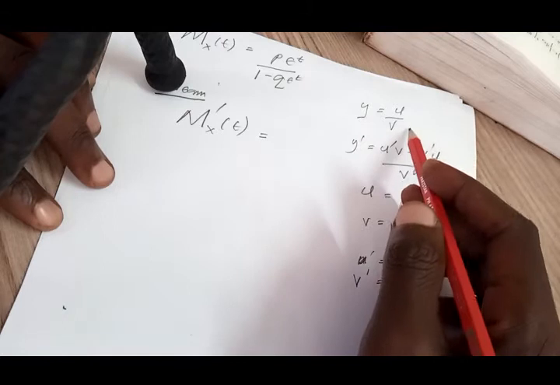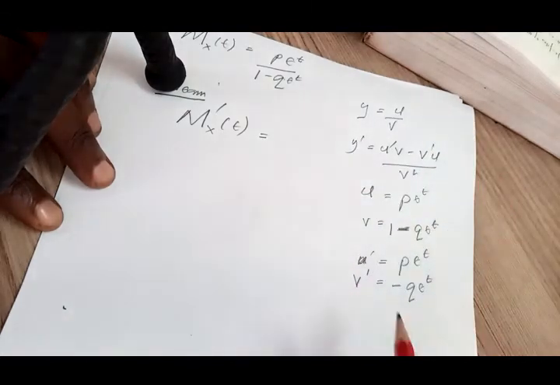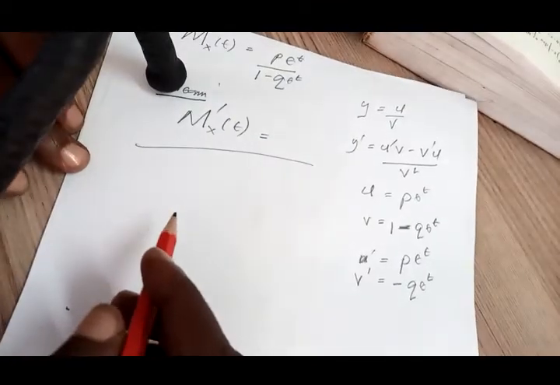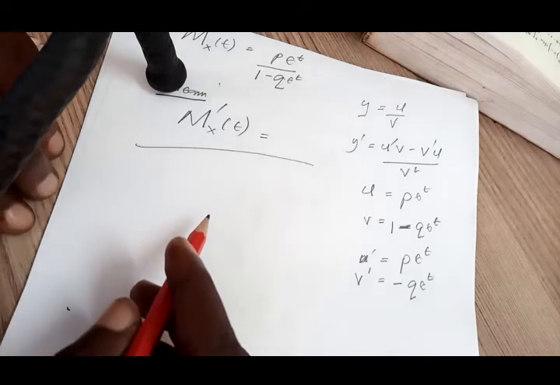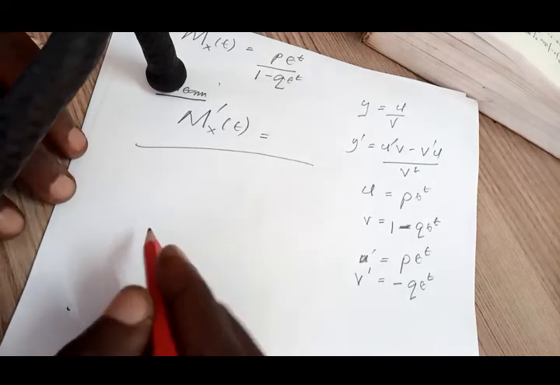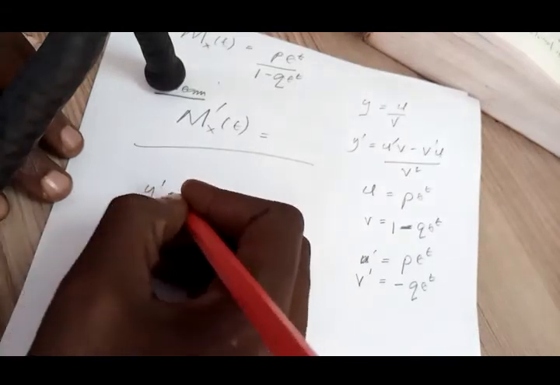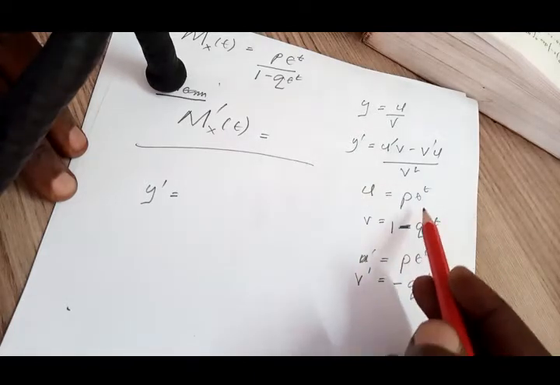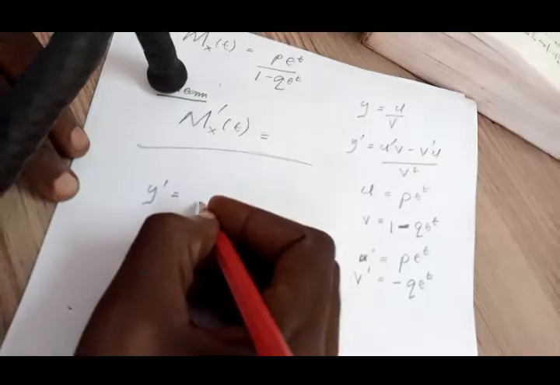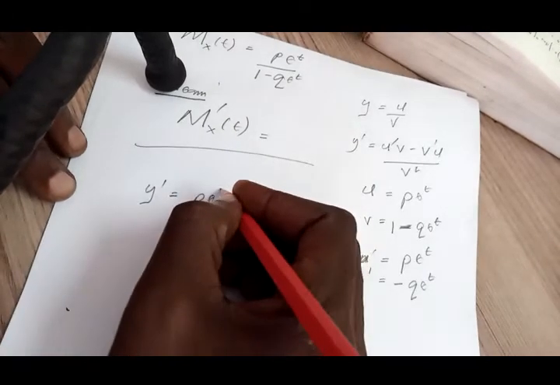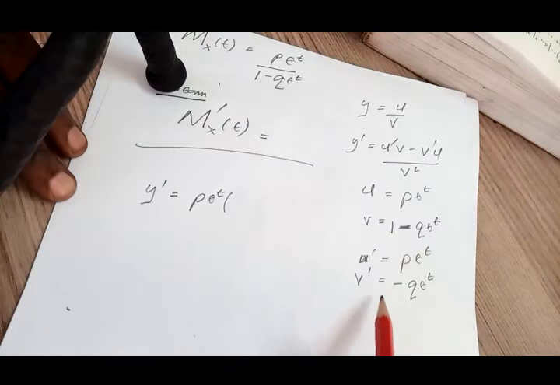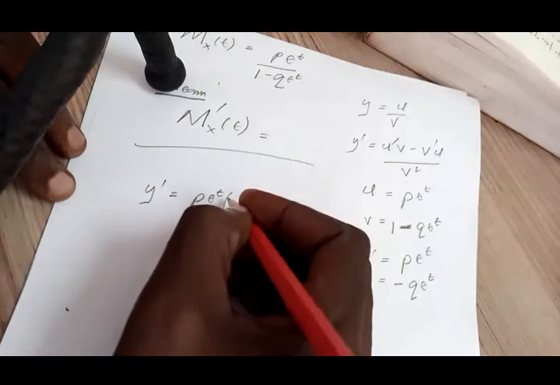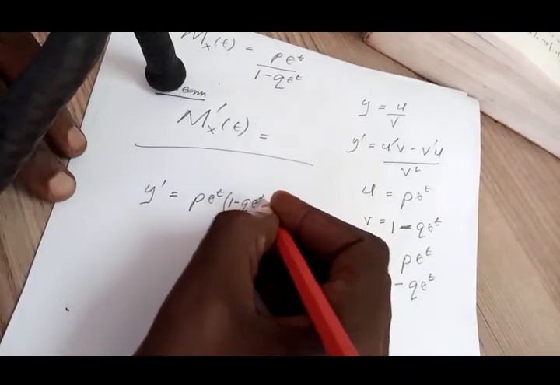So it's going to be minus q e to the power t. So if we replace in this whole thing, what are we going to have? In short, if you are looking for y prime, my y prime is going to be equal to my u prime, which is p e to the power t, multiplied by v, so it is multiplied by 1 minus q e^t.